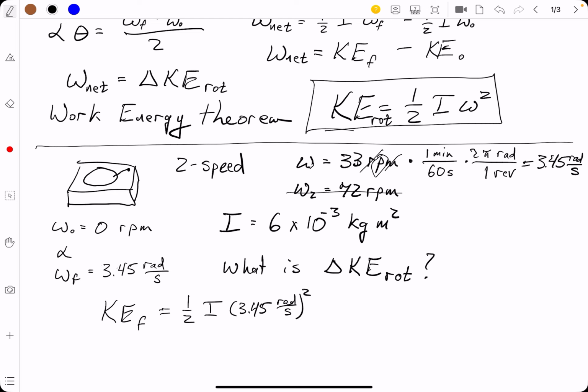I could stick in what our I is there too, but I'm not going to do it. And initially, our omega is 0. Whether it's in radians or revs per second, it's still 0. So we don't have to subtract off anything. And once we get this, we'll have our delta KE rotational because of the 0.